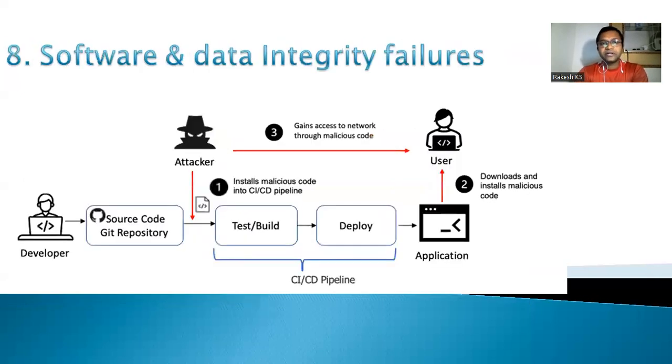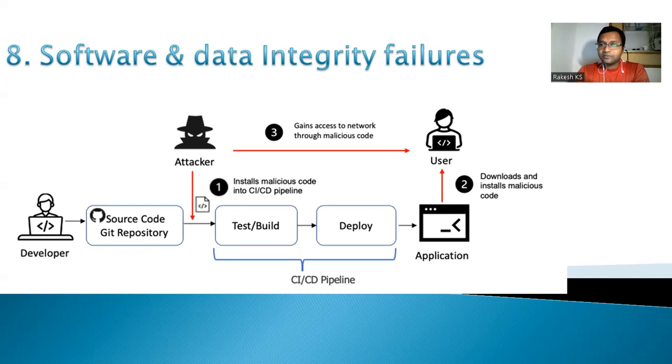Next one is software and data integrity failures. When we are developing software, we store all the software in a Git repository basically. The data stored in the Git repository is made into an application, and that application will be used by the user. What happens here is the attacker will peep into the pipeline itself.